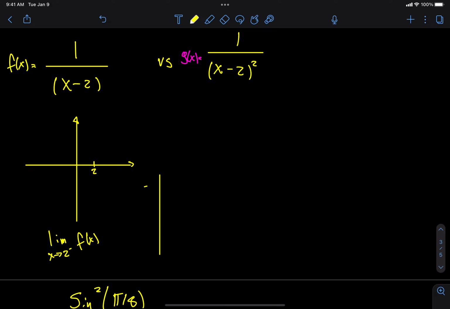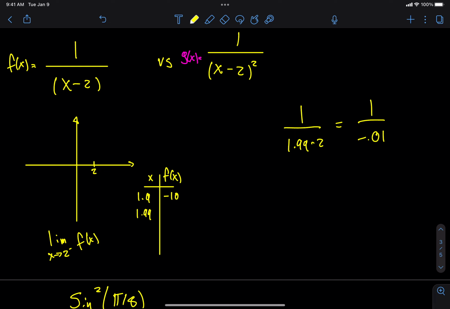Let's plug in x and then f of x. If I plug in 1.9, what do I get? I get 1 divided by negative 0.1, which would be negative 10. If I plug in 1.99, I get 1 over 1.99 minus 2, which would be 1 divided by negative 0.01.